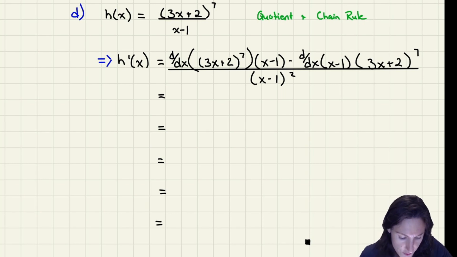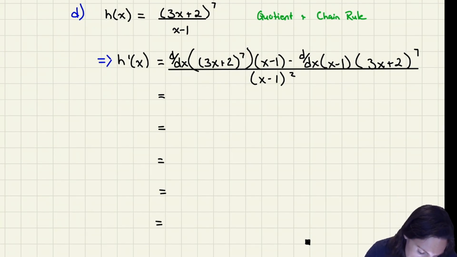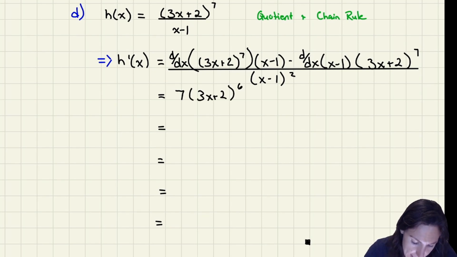All right, so now we're going to do the chain rule here. So for the chain rule, I'm going to bring down the 7, subtract 1, and then take the derivative of this part. So I'm going to write that out. So 7, 3x plus 2, 7 minus 1 is 6. And I still have to go times d dx of the inside. If you want to directly take the derivative, that's fine.